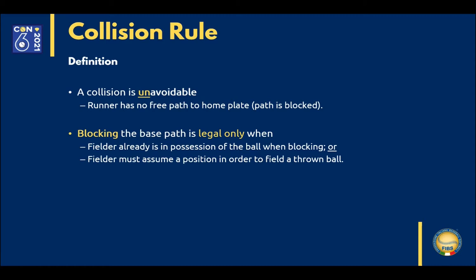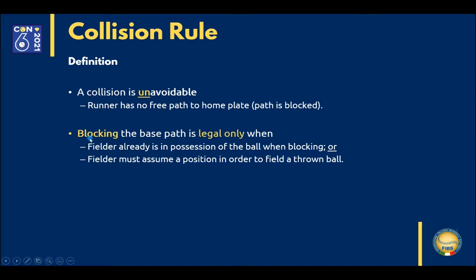So the thrown ball towards home plate is off. It's a bad throw, and the catcher or the fielder who is playing home plate must move actually to field this ball. And by doing so, he's getting into the path of the runner, so the path is blocked. But this blocking would be legal because he's fielding a thrown ball.